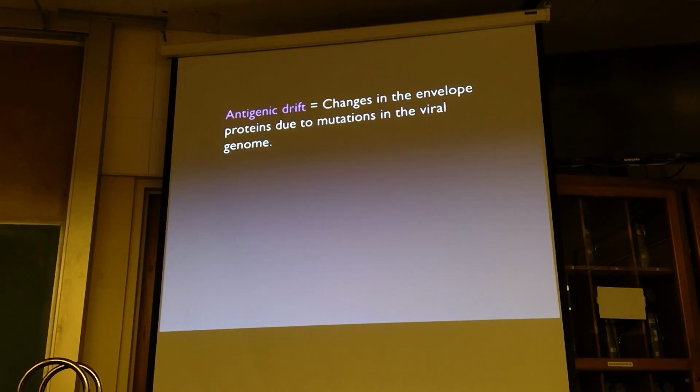Antigenic drift, again, the antigen is that protein on the surface of the envelope, either hemagglutinin or neuraminidase. Proteins are made up of amino acids. Amino acids are encoded by nucleotide sequences, codons, right? You have different codons that code different amino acids. Well, antigenic drift refers to mutations in the nucleic acid that can lead to a change in the amino acid sequence.